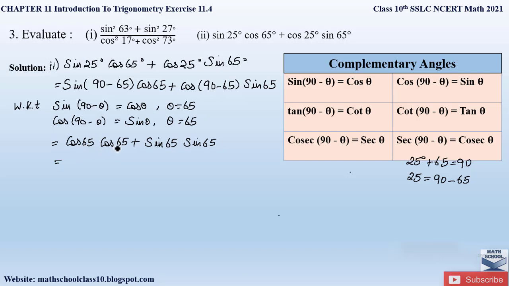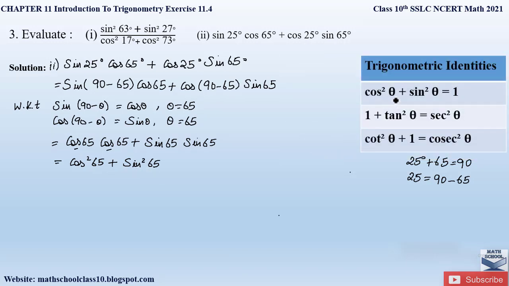So now we can multiply, since the angles are same, we can multiply the trigonometric ratios. The angles are also same and even trigonometric ratio here is also same. So cos 65 into cos 65 will be cos square 65 plus again sine 65 into sine 65 will be sine square 65. Now how do we simplify further? Here we can simplify by applying our trigonometric identity, that is cos square theta plus sine square theta is equal to 1, where the theta value has to be same for cos and sine.